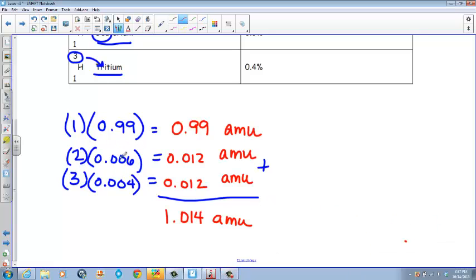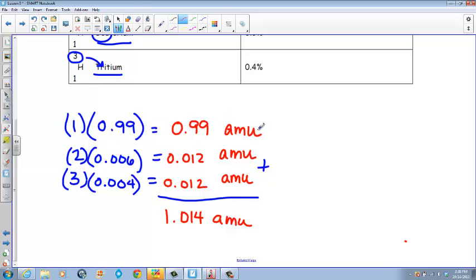Okay guys, so I made a mistake on the percentages. We had to go back and move the decimal place over one more. So I did my division incorrectly, and once again I made a mistake. So I went back and fixed this here. So 0.006 is equal to 0.6%, and 0.004 is equal to 0.4%, and we need to multiply those by the mass numbers over here.